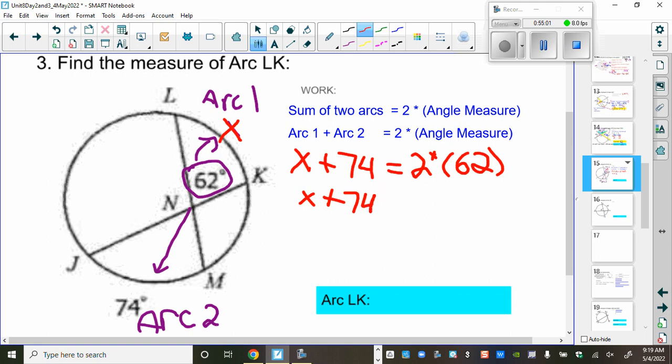Just don't be surprised if you see this on a test, like any one of these first three problems we've done. So then what's 2 times 62? All right, now, do you have enough information to solve for your x?